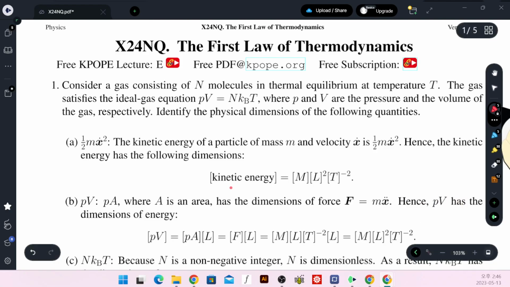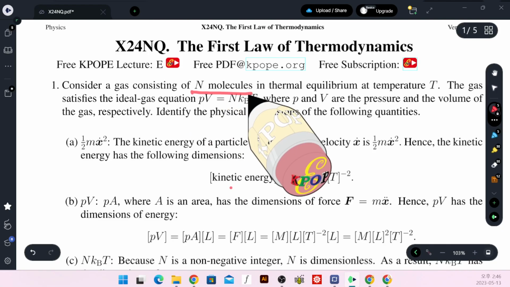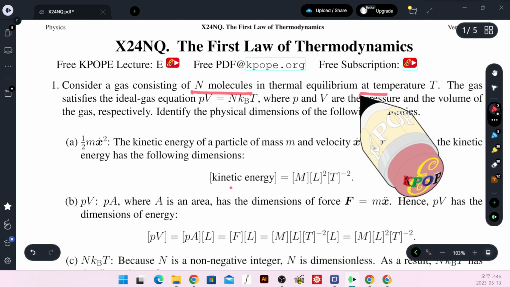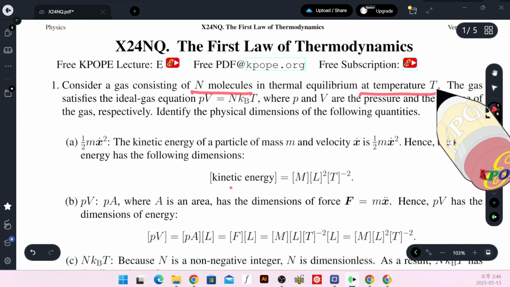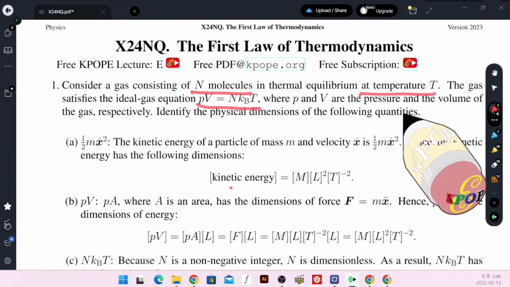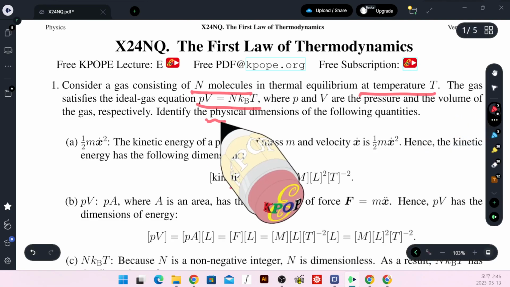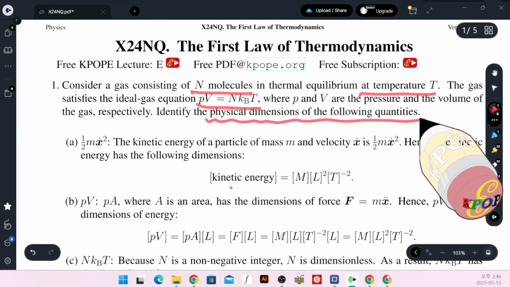Consider a gas consisting of n molecules in thermal equilibrium at temperature T. The gas satisfies the ideal gas equation where P and V are the pressure and the volume of the gas, respectively. Identify the physical dimensions of the following quantities.